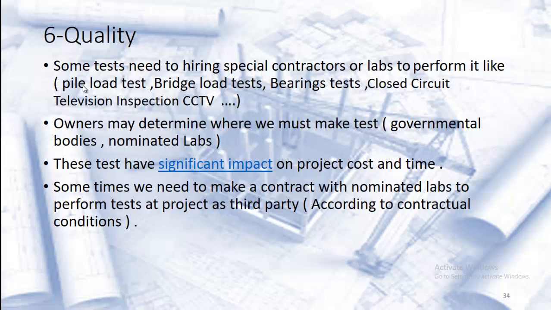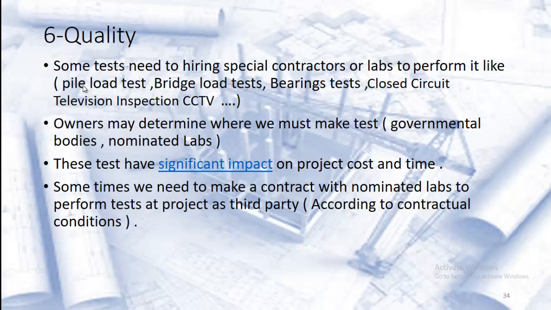Sometimes owners determine where we must make tests. Maybe governmental bodies or nominated labs. At this time, they sometimes make this test as a subcontractor for the main contractor or as a third party for the project.